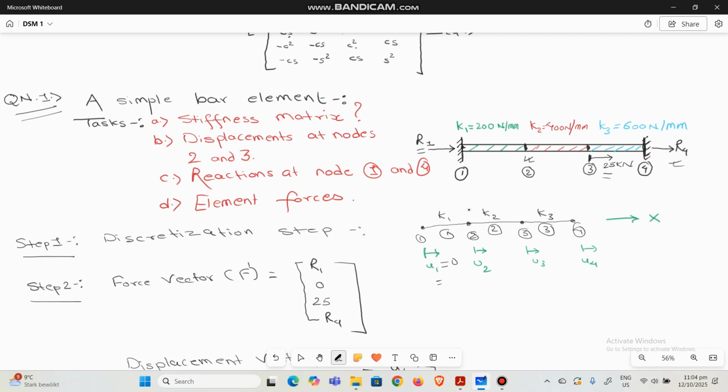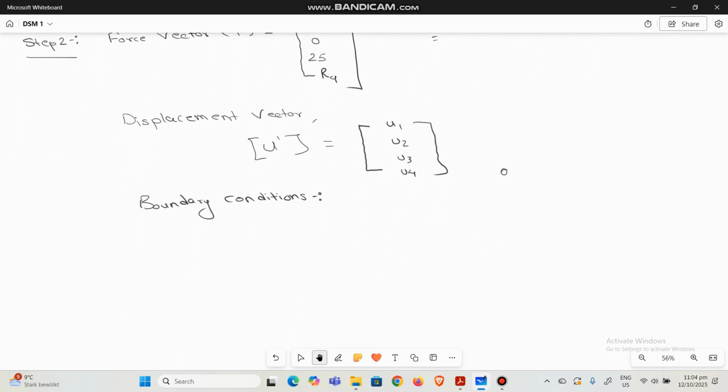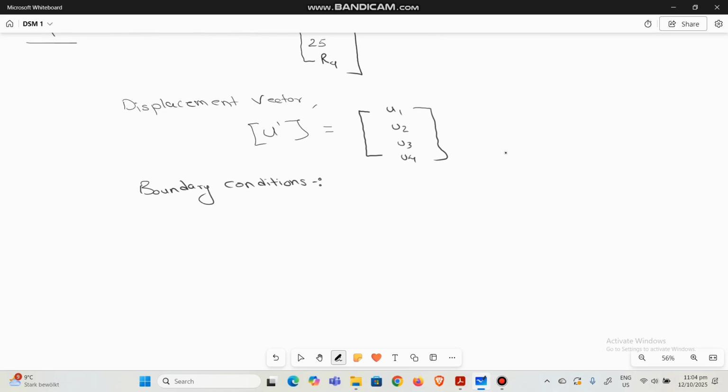Similarly, for the fourth node there is also a fixed support, so u4 would also be 0. So using the boundary conditions, our displacement vector is: u1 is 0, u2 and u3 we have to find, and u4 is also 0.